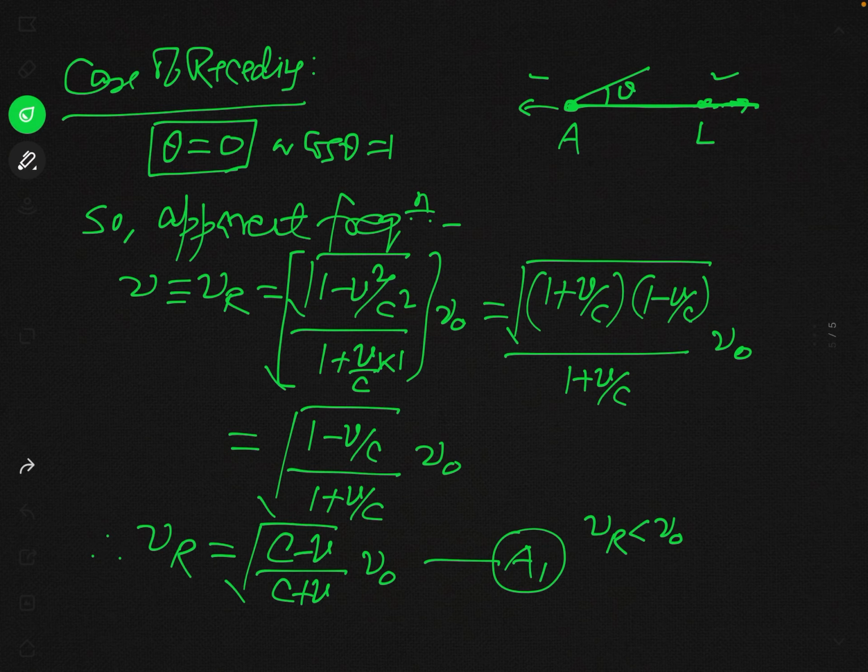Similarly, as the wavelength is inversely proportional to the frequency, when we write the expression for the apparent wavelength, simply the numerator and denominator will be interchanged and you can write the expression for the apparent wavelength directly.